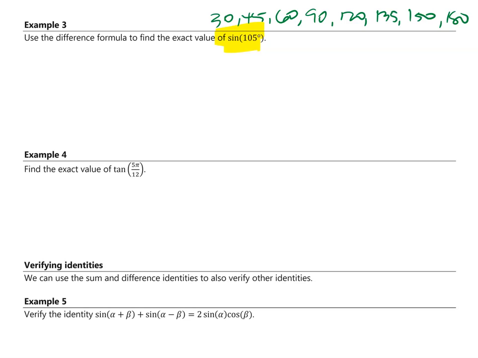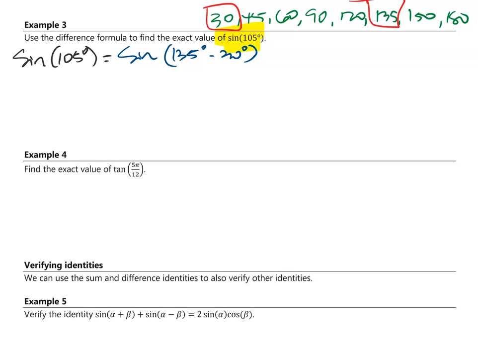You can rewrite this as, what do you think? Sine of 135 degrees minus 30 degrees. So you can use this too.